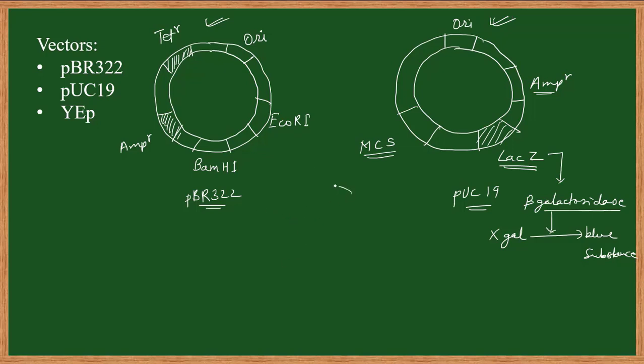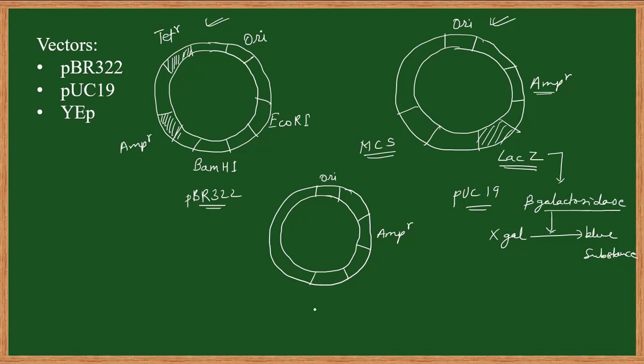Now the structure of YEp. Here is an ORI, and this ORI is applicable for the prokaryotic host cell. The second one is a selectable marker, the ampicillin resistance gene, also for prokaryotes.